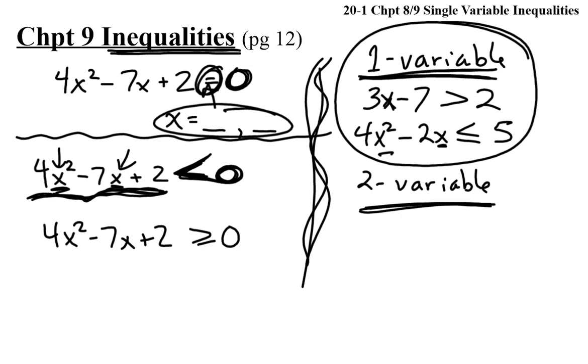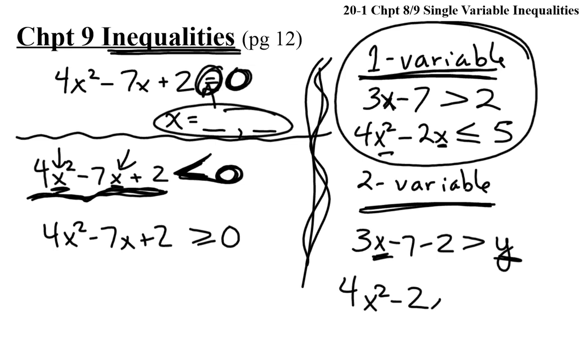But we're also going to deal with 2 variables, which isn't a lot different. We could have 3x minus 7 minus 2 is greater than y. Well, all of a sudden, now we're dealing linear still because there's no squared, but now we have 2 variables, an x and a y. We could have the same thing, 4x squared minus 2x in a quadratic.